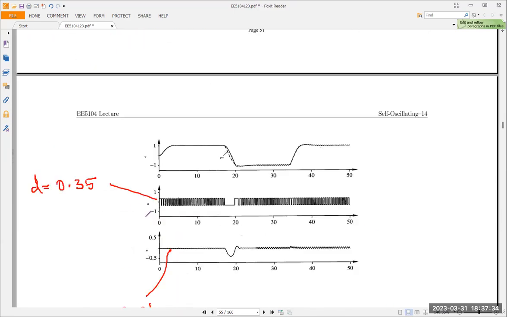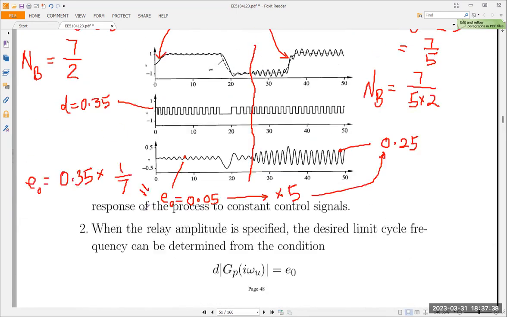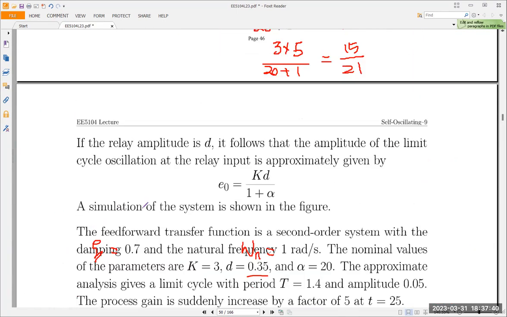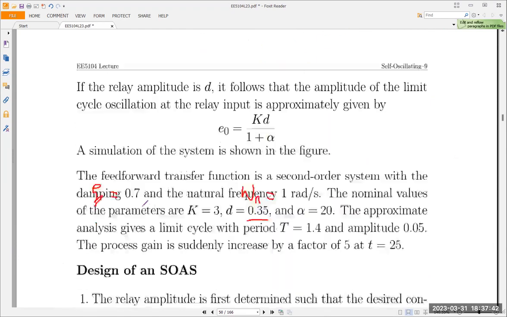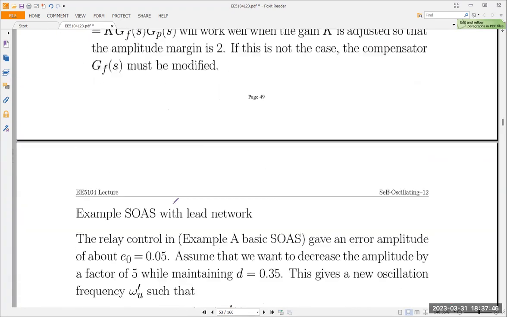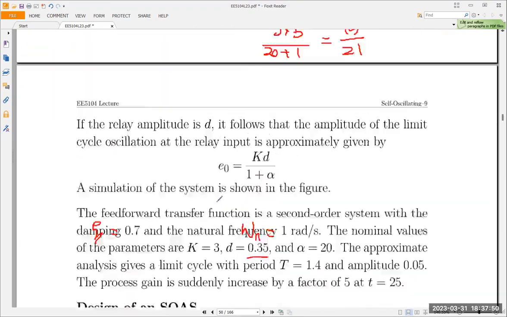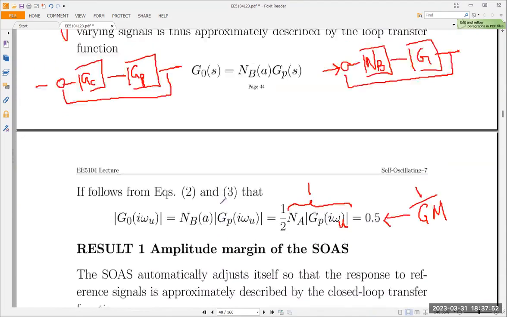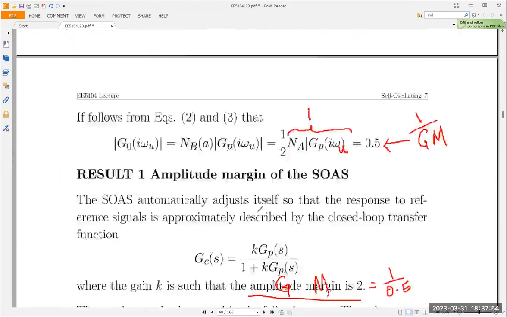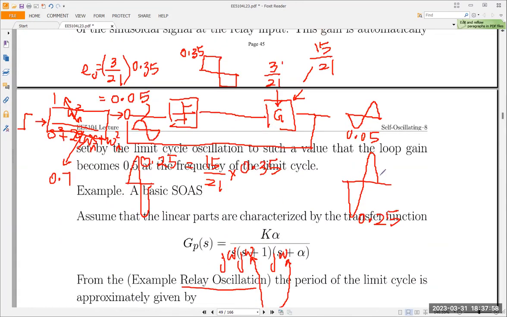Compare to the previous example, the gain of the plant was 3/21.